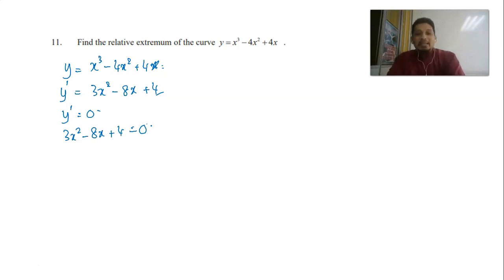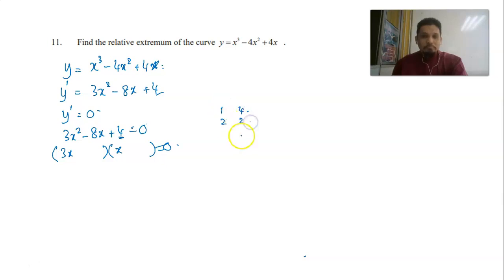Okay, we can either use the method of factorization, or completing the square, or the formula. Okay, so we factorize this. Then 3x and x. This is what we call product of roots, a pairing of numbers, 1 multiplied with 4 or 2 times 2.